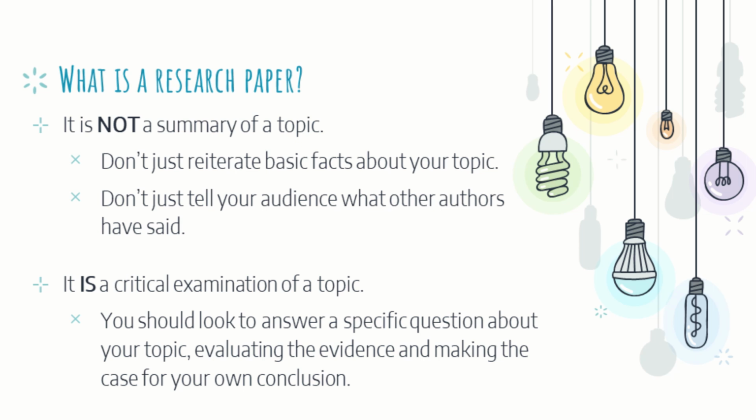Don't do that. A research paper is a critical examination of a topic. Yes, you will include background and context information like where it happened, how many were targeted, etc. But that's just to set the stage. You should be making a case with your paper, arguing a unique perspective based on your conclusions after considering the evidence about your topic.